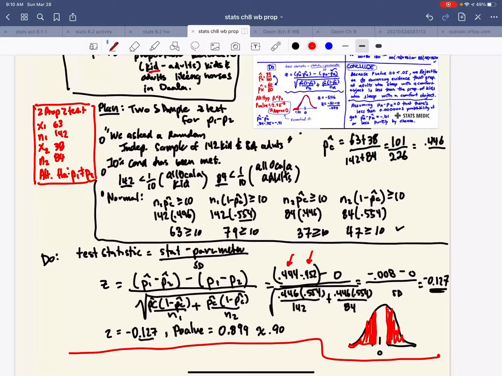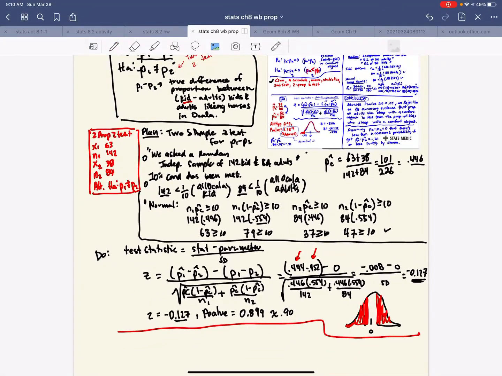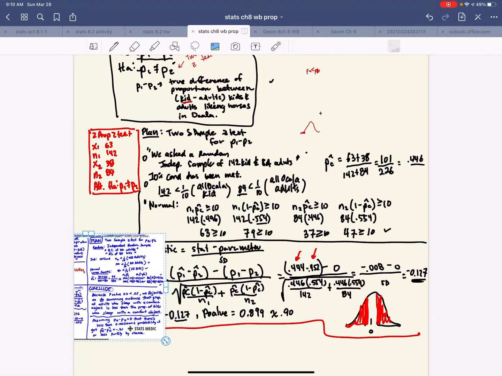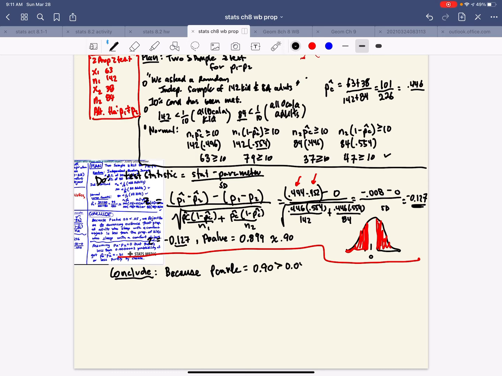Okay, so it looks like we've done all of our parts. Now we're just ready for our conclusion. So let's go ahead and grab this and drag this down to help us along, right? We always want to reference our notes while we're working if it's an open note test. And so we're going to conclude. A full conclusion, we like to go into talking about our p-value, because our p-value of 0.90 is greater than 0.05, and that's our alpha, unless they tell us otherwise.